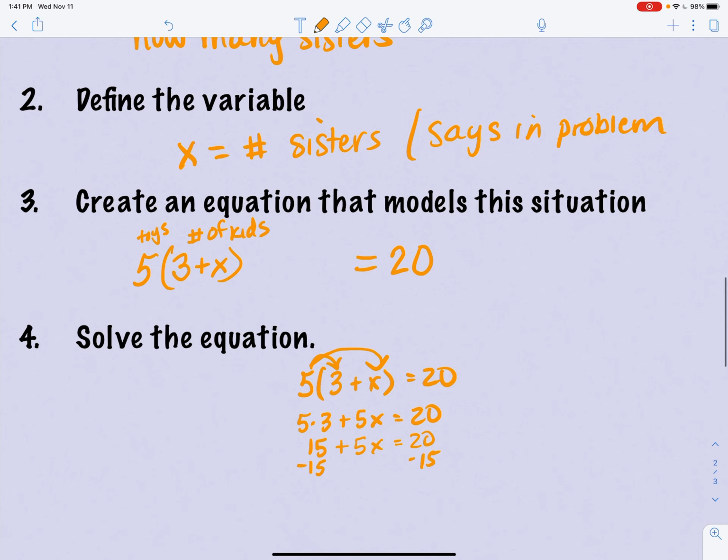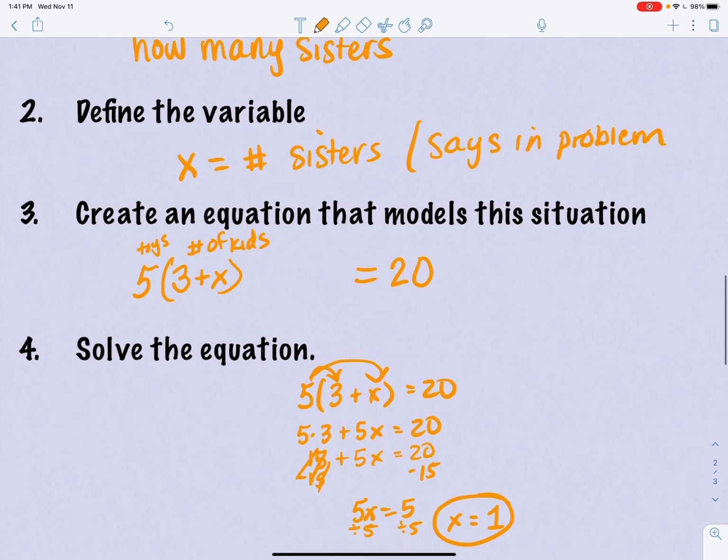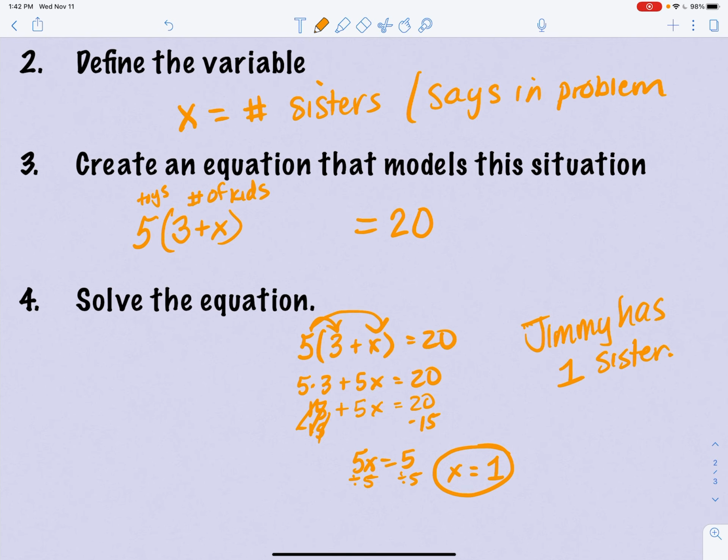I have 5x equals 5. Then I need to divide both sides by 5. x equals 1. So my answer is, Jimmy has 1 sister. There's your answer. All right, those should be turned in.